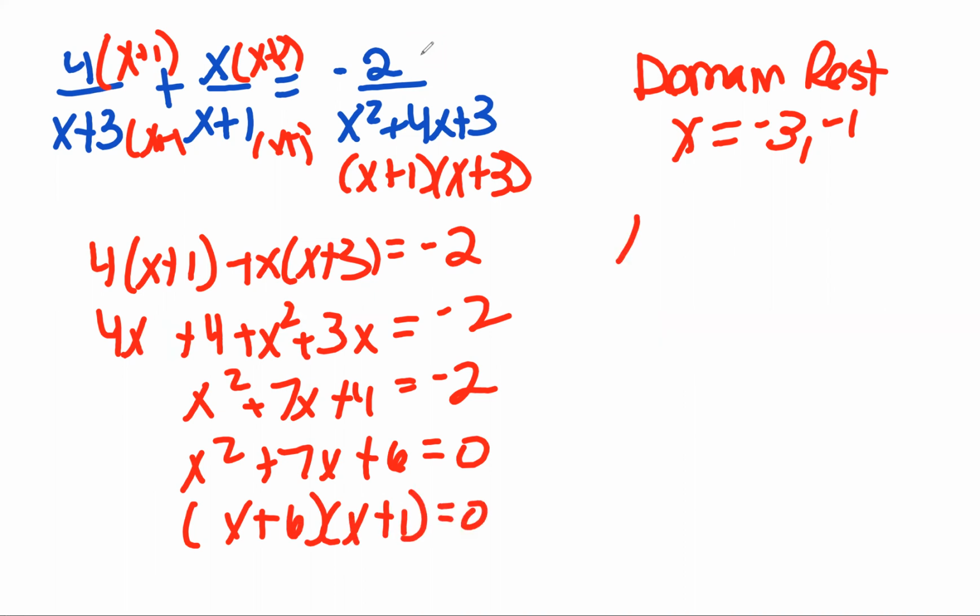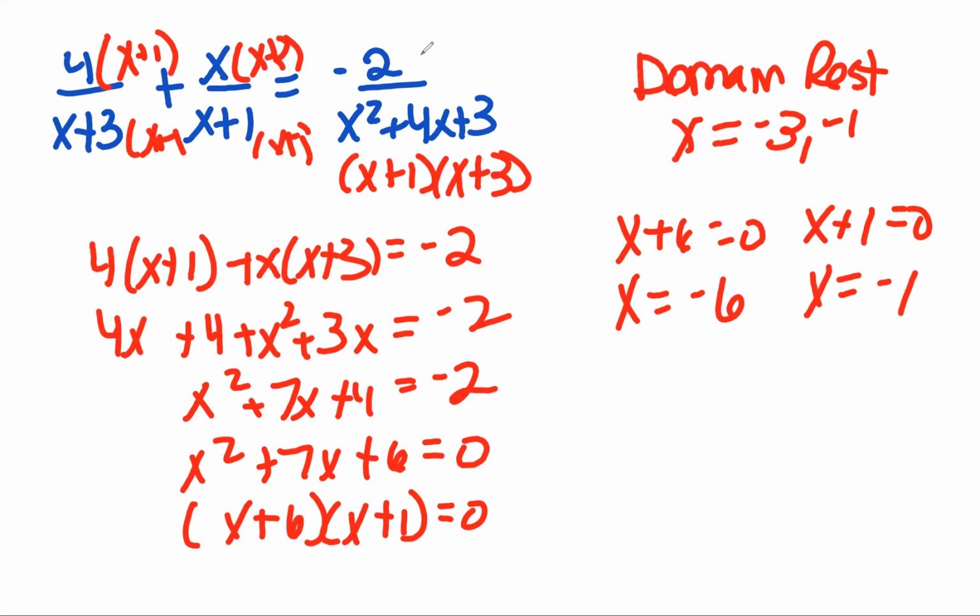Set each part equal to 0, and you get x is equal to -6 and x is equal to -1. However, -1 is a restriction, so that's an extraneous answer, and you would have x is equal to -6.